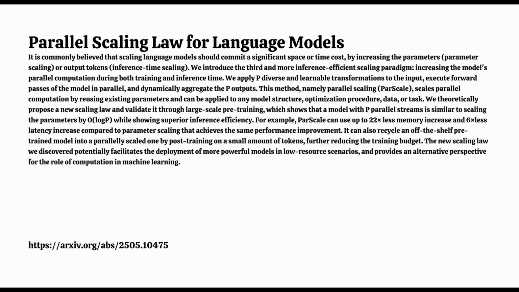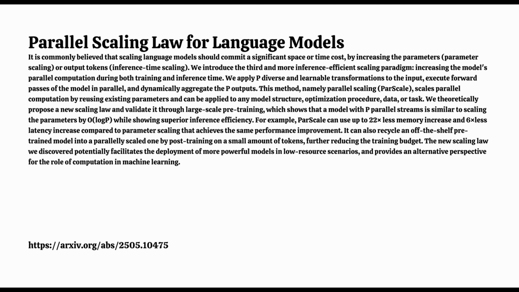It uses what they call P diverse and learnable transformations on the input. So P is just the number of parallel streams you're running. Learnable. So the model figures out the best way to transform the input. Seems like it. It generates these P slightly different takes on the input. Then these all go through parallel forward passes in the same model, just processing P inputs at once. Okay.